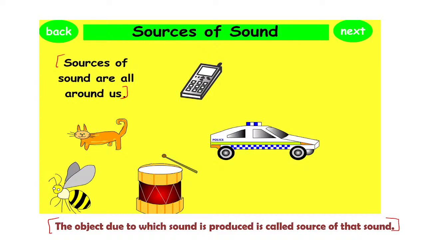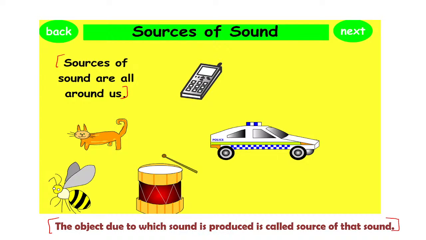The different musical instruments which are being used, which are producing a sound, that can be a source of sound. Animals around us, when they communicate with one another, they also produce sound. So a source can be any object, a living or a non-living object which produces a sound, and we are going to call that object as a source of sound.